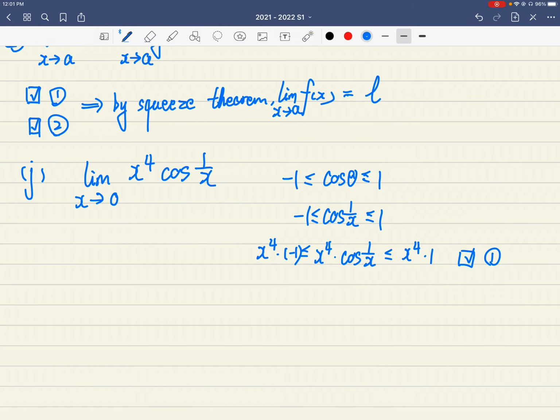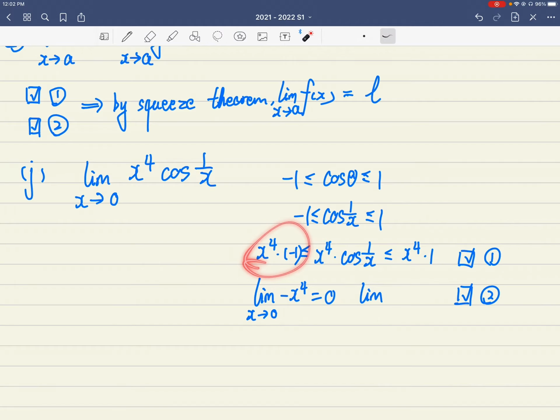Okay. The second fact you need to verify is that the functions on both sides must have the same limit value. And here it's quite easy to verify. The function on the left, its limit is just 0. The function on the right, its limit is also just 0.